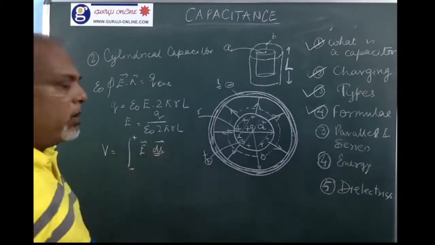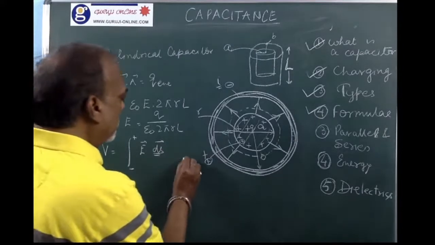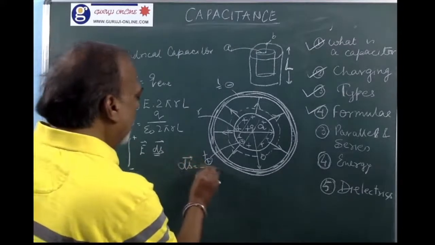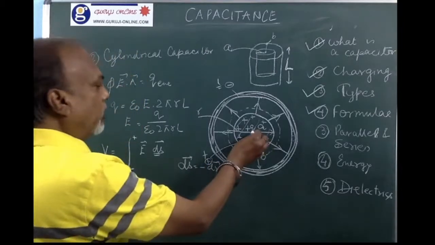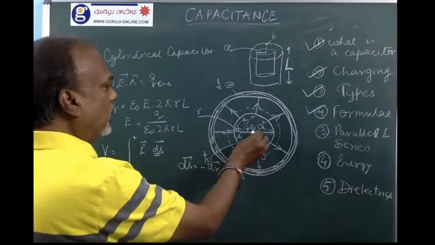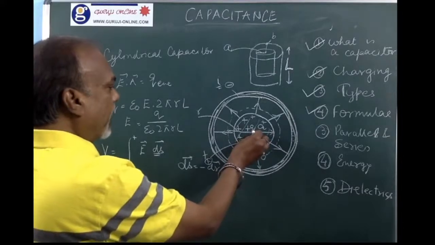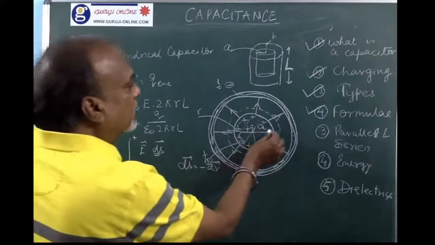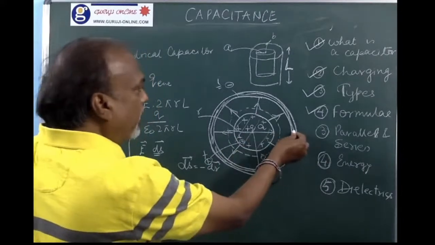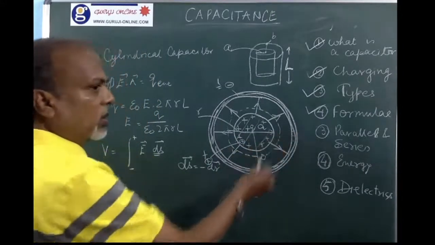Here ds is nothing but minus dr, because this is opposite to the radial direction. Radial direction is like this, and we are taking from minus to plus.